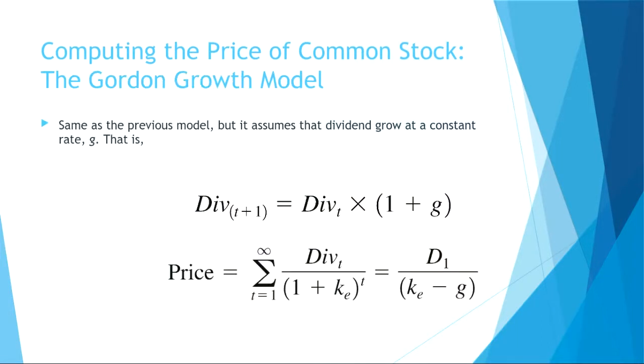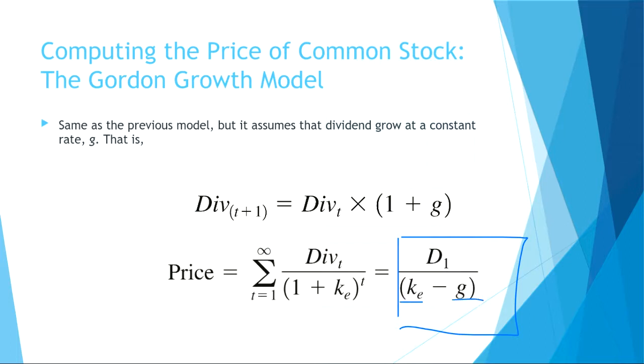This Gordon growth model ends up with this formula, right? D1, the next year dividends, divided by the required rate of return minus the growth rate, right?